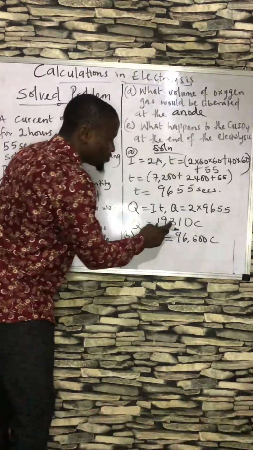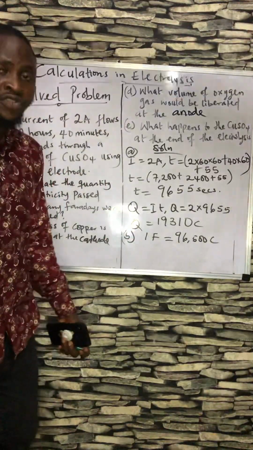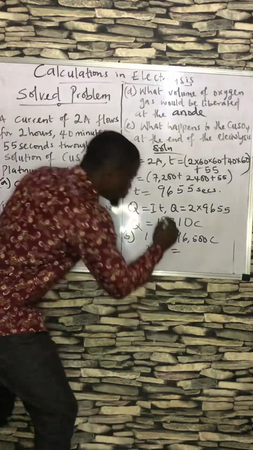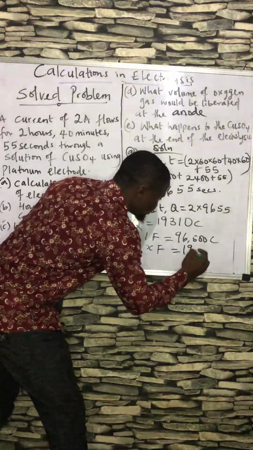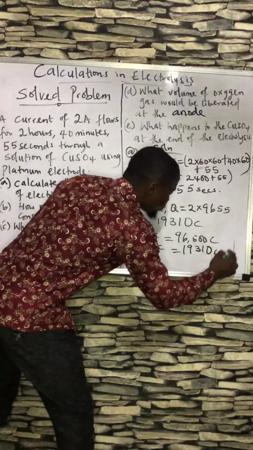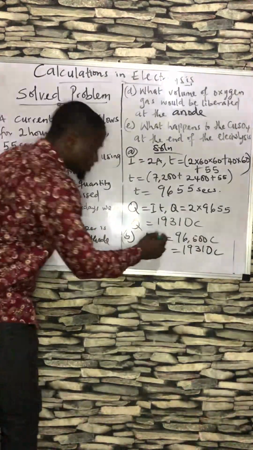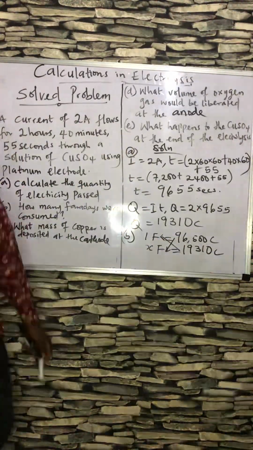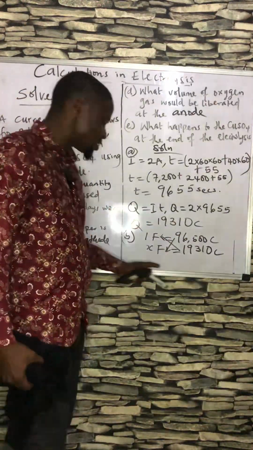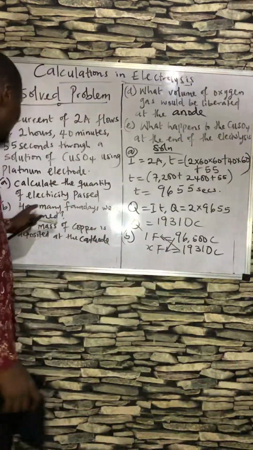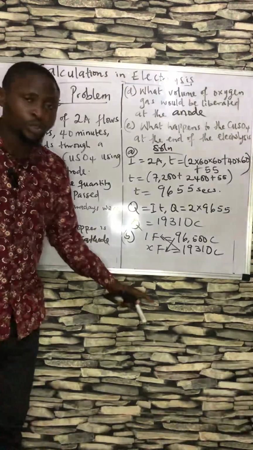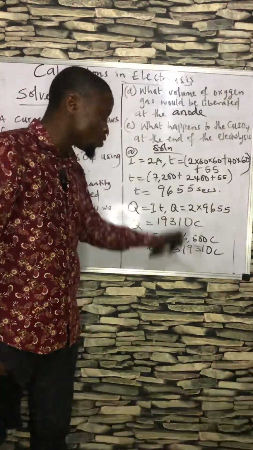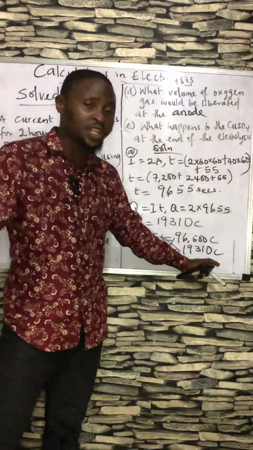But in this case, we have 19,310 coulomb of electricity that passes through the electrolyte. It therefore means X Faraday will give you 19,310 coulomb. Mathematically, you do what? You cross multiply. 1 Faraday is giving you this, X Faraday because they're asking us how many Faradays were consumed. 1 Faraday will always give you this. Of course, we know the quantity that passed through.